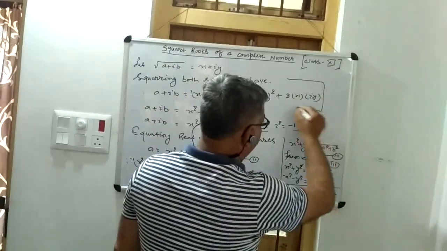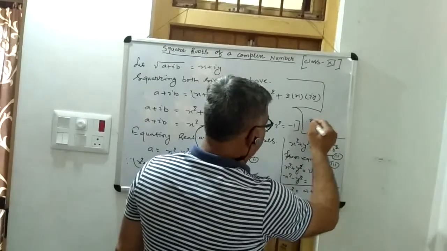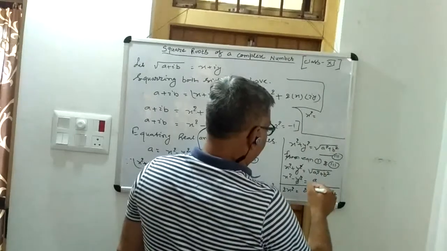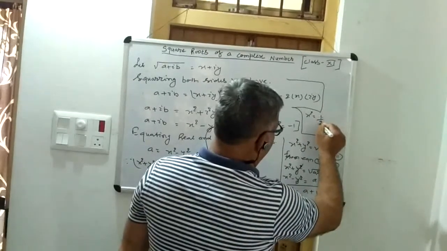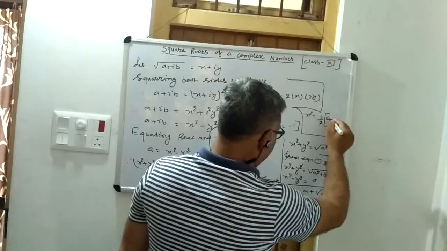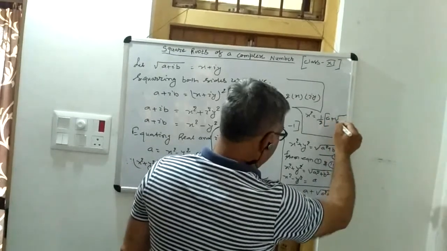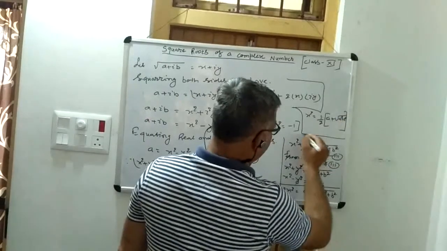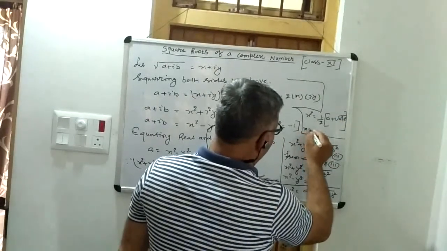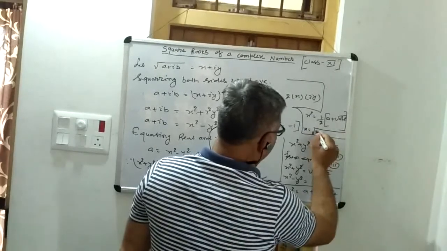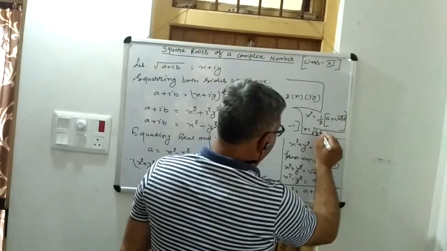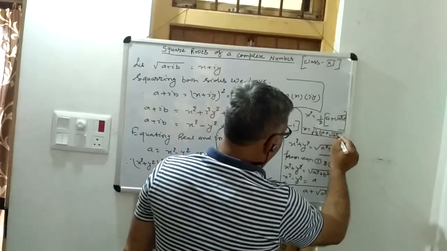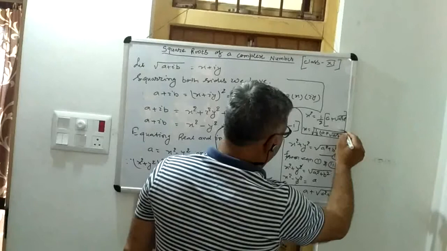So we have x square equals half into (a plus under root a square plus b square). Similarly, x equals under root of half into (a plus under root a square plus b square) is the value for x.